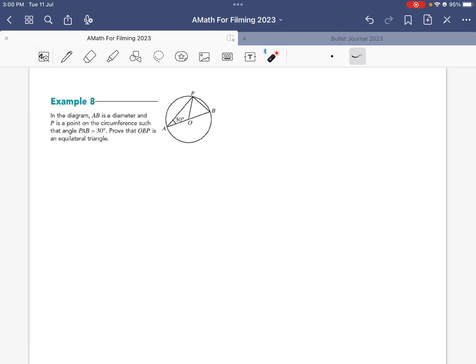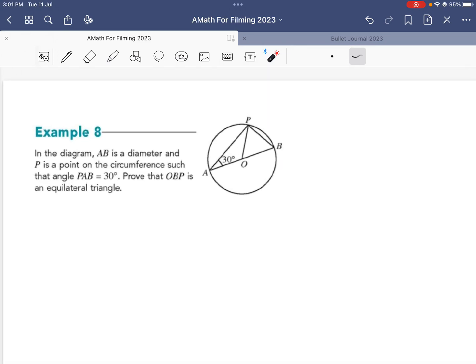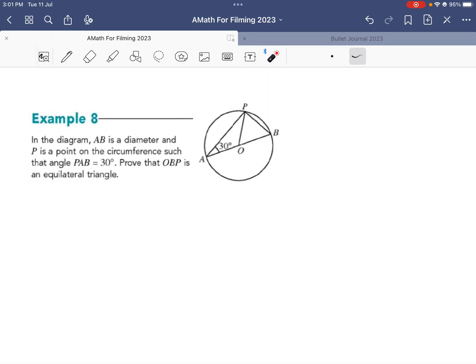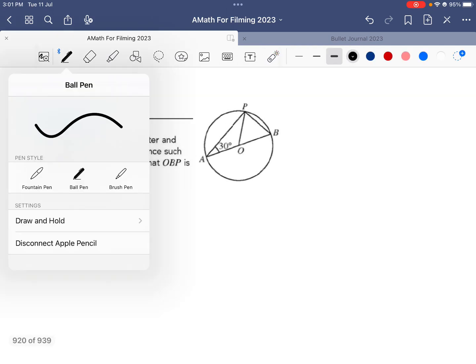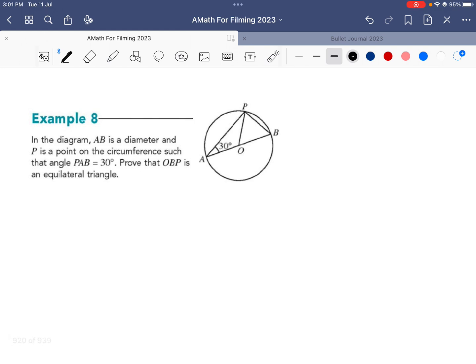Now, in example 8 itself, what we want to do here is this. In the diagram, AB is a diameter such that P is a point on the circumference, such that angle PAB equals 30 degrees. What I'm trying to prove here is that OPB is an equilateral triangle. The first method we can do is this. First, I will attempt to find angle BOP.